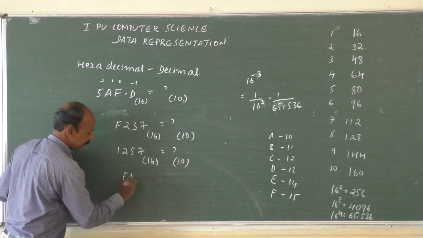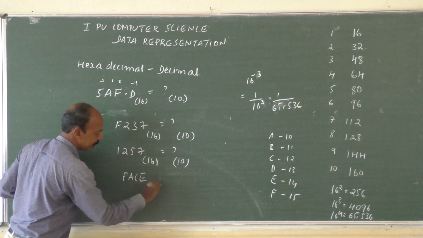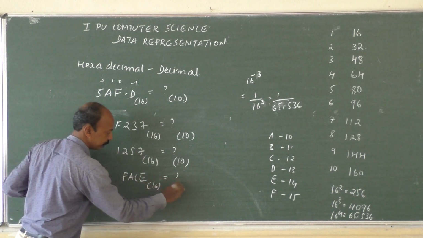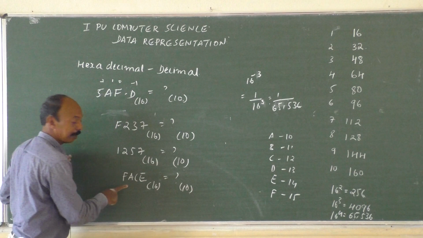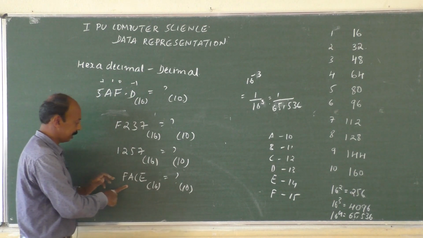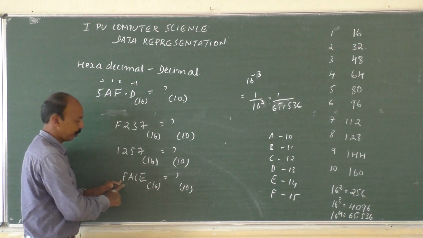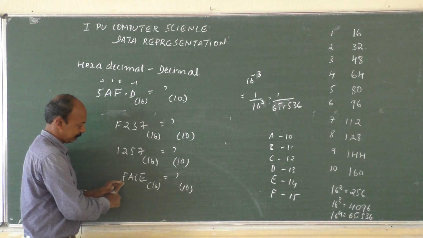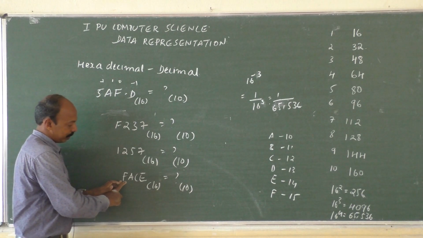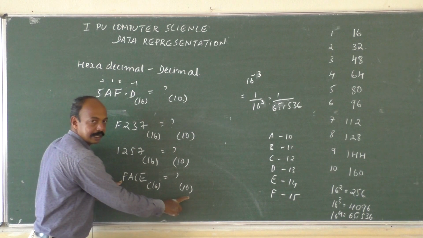FACE to the base 16 is how much to the base 10? Is it a number? Of course it's a number. FACE, face, right? Even this one has to be converted to base 10.